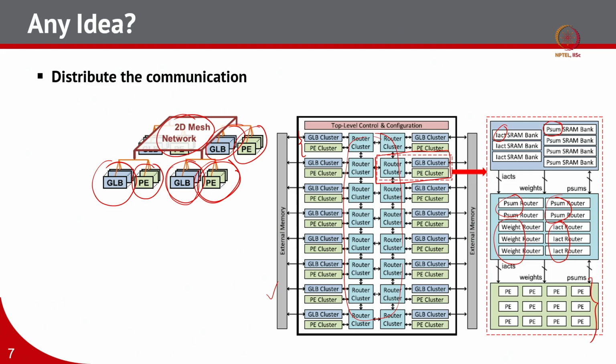Now, in the router cluster, there is a separate group of routers for partial sum, weights as well as input activation. So, again, whenever the partial sums need to be routed, they will go to the partial sum router. Whenever weights need to be routed, they will go to the weight router. Now, finally, we have the PE cluster, which is similar to Eyeriss V1, where we have multiple of these PEs.